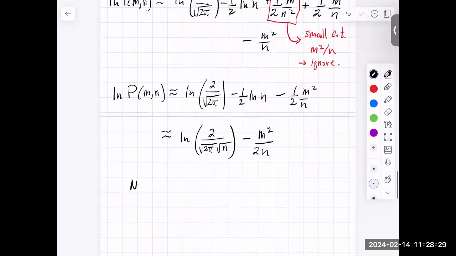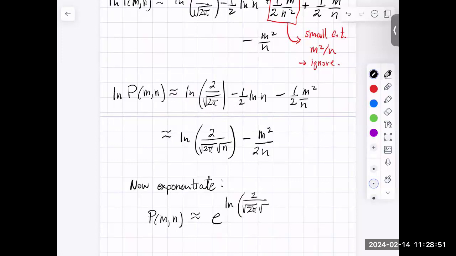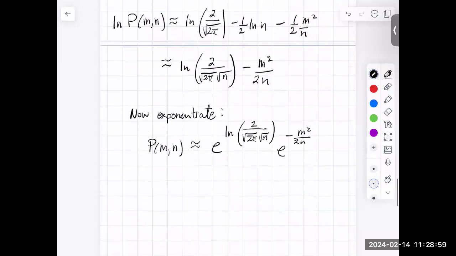So we now exponentiate, so that p of m over n is approximately equal to the exponential of ln of all of the stuff, 2 over root 2 pi root n, and then the exponential of minus m squared over 2n, which is equal to 2 over root 2 pi root n e to the minus m squared over 2n.